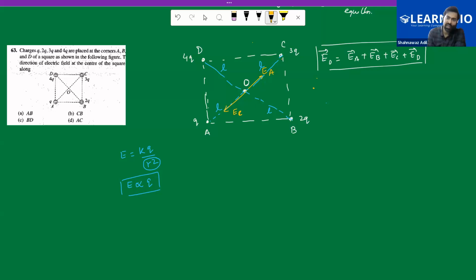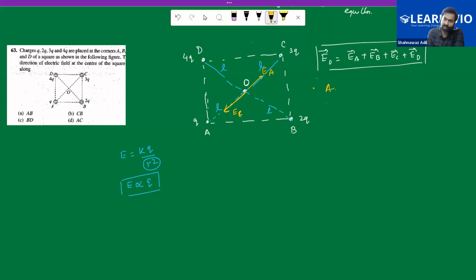And then I want to find the electric field due to point C, the 3Q charge. That would be away from it, right? This is easy. And we know that the distance is fixed.